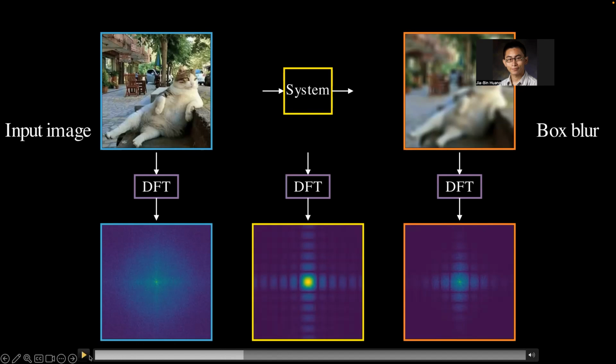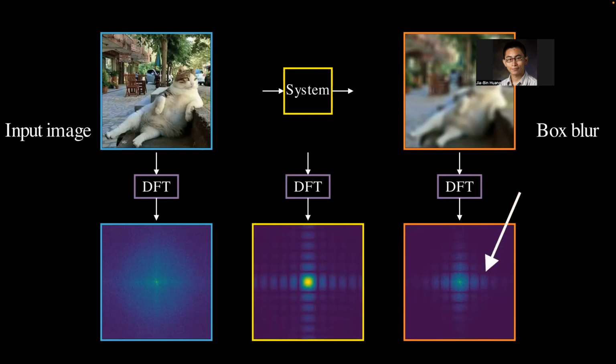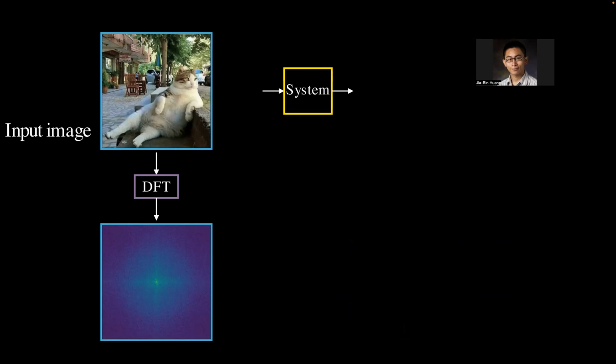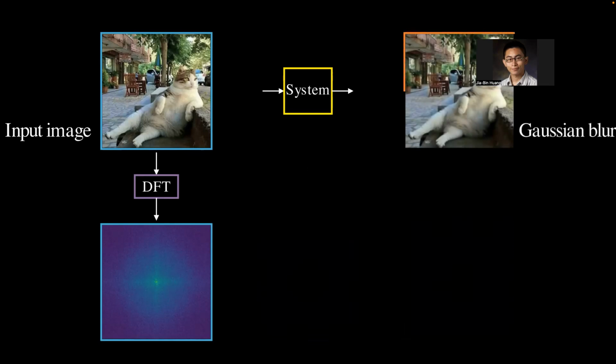All right, so this is the box filter. The ringing artifacts come from the filter itself in the frequency domain, which reveals that it's not really removing the high frequency.